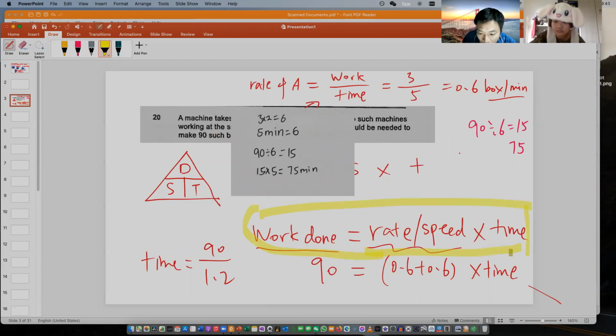The rate now is the combined rate of 2 machines, so the combined rate will be 1.2. The work that needs to be done is 90 boxes, so I put a 90 here. The time taken for these 2 machines to achieve 90 boxes is 90 divided by 1.2.